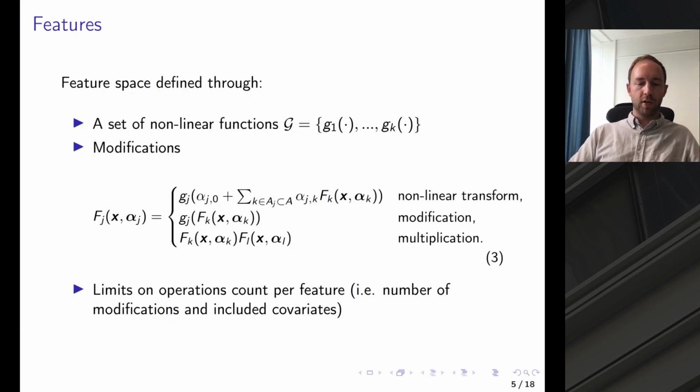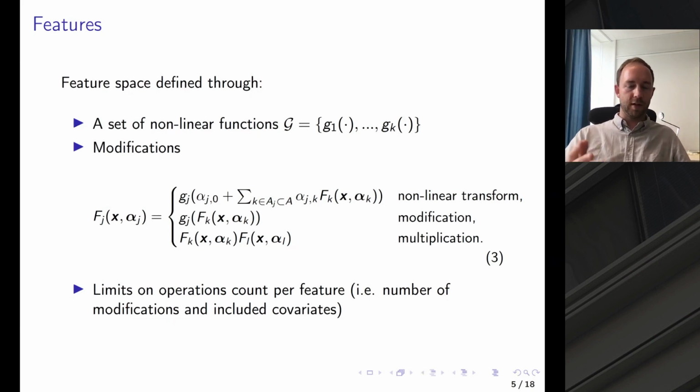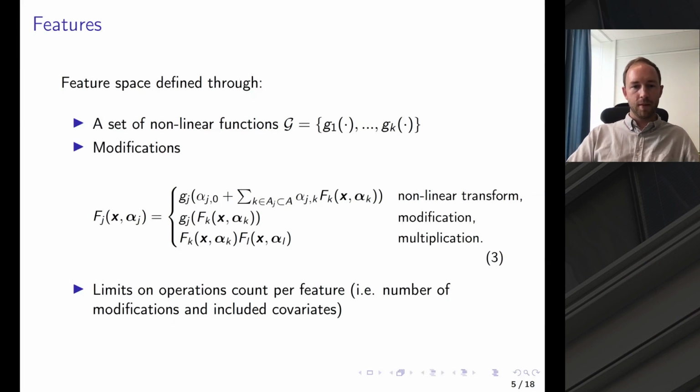First, we have a nonlinear transformation, just like in the example with the sign. And then we have a modification, which implies taking an existing feature and applying one of the nonlinear functions to it. And finally, we have the multiplication modification, which just takes two features and multiplies them with each other.